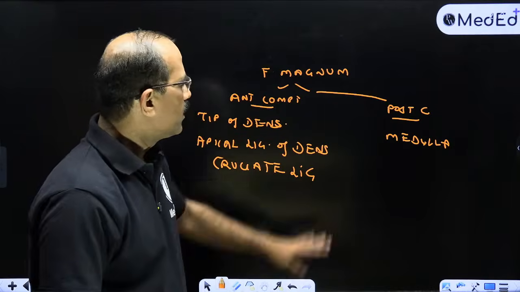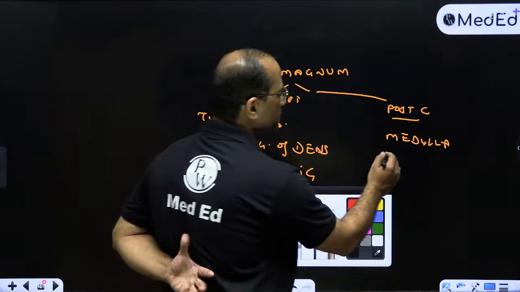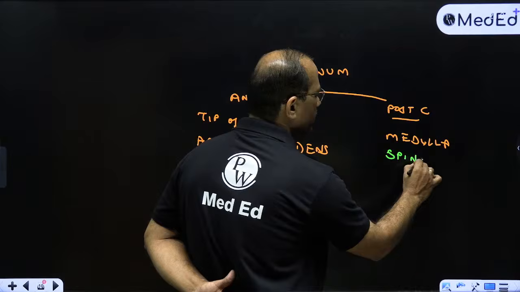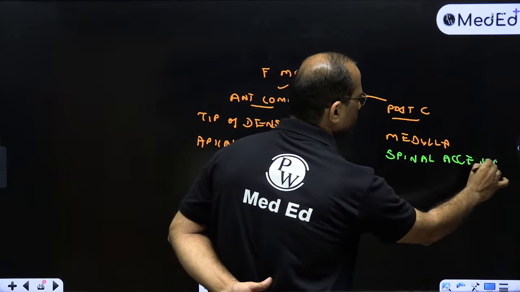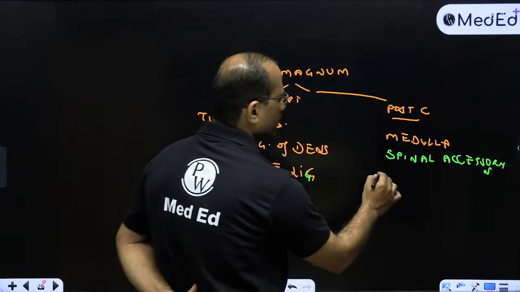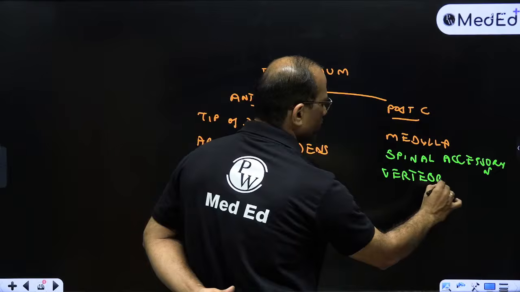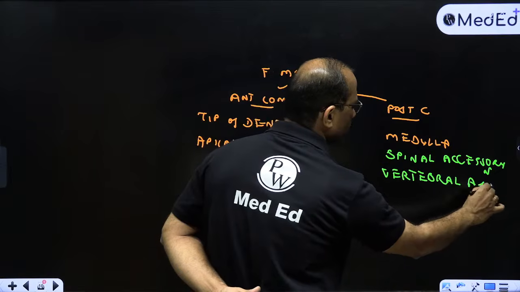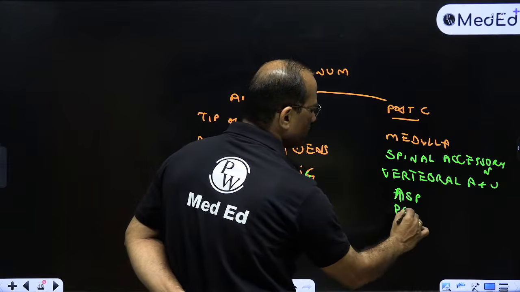What passes through the posterior compartment is the medulla. Then what comes here is the spinal accessory nerve. Spinal accessory nerve. Then vertebral artery and vein. Then anterior spinal artery. I'm writing in short. Posterior spinal artery.